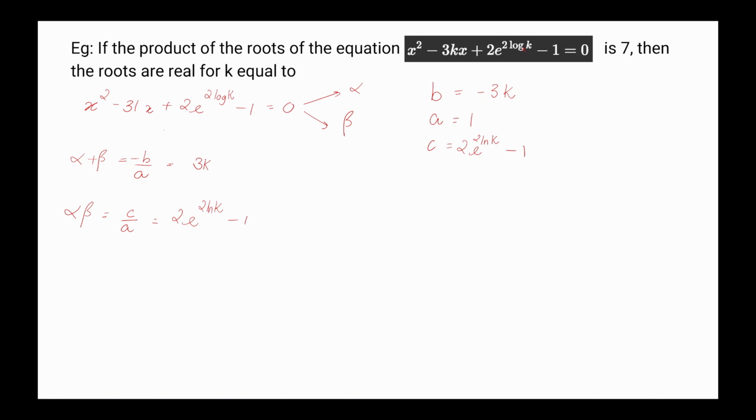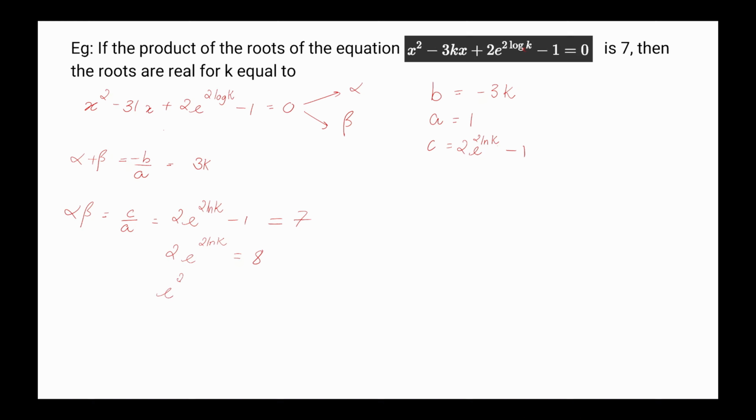Now what have they told us in the question? That the product of these roots is 7. So this value is equal to 7. Now I have to find out for what values of k the roots are real. If I solve this equation, 2 e to the power 2 ln k is equal to 8.